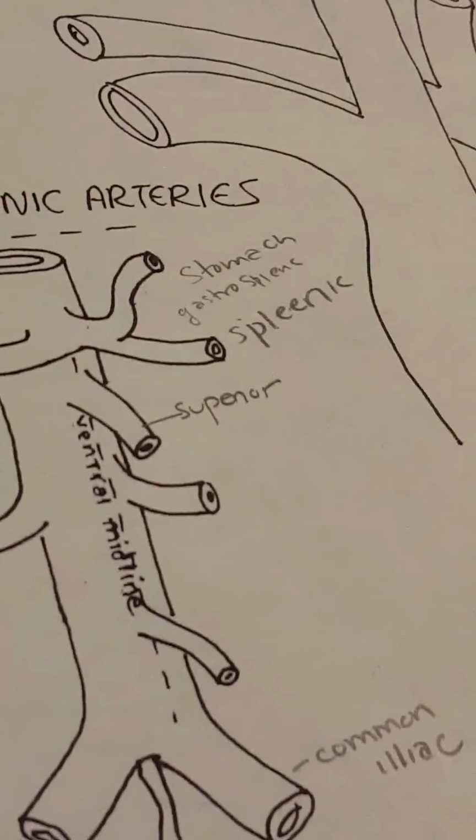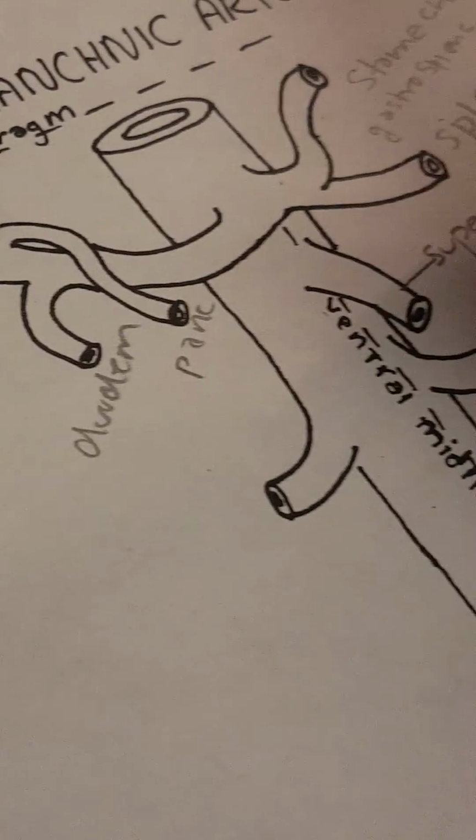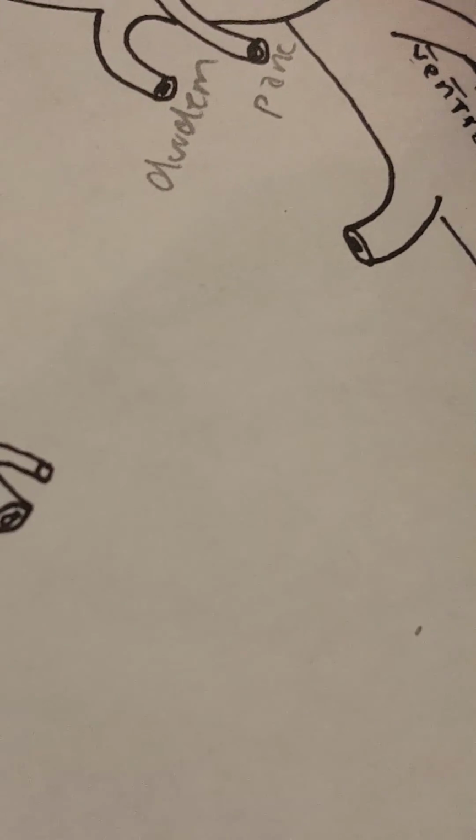Yeah. But we'd call this little trunk gastrosplenic. And then here, this could be going down to your pancreas, this can be going down to the duodenum. Hepatic, and then this is superior mesenteric. Okay, that's really messy. I'll fix it later. Okay.